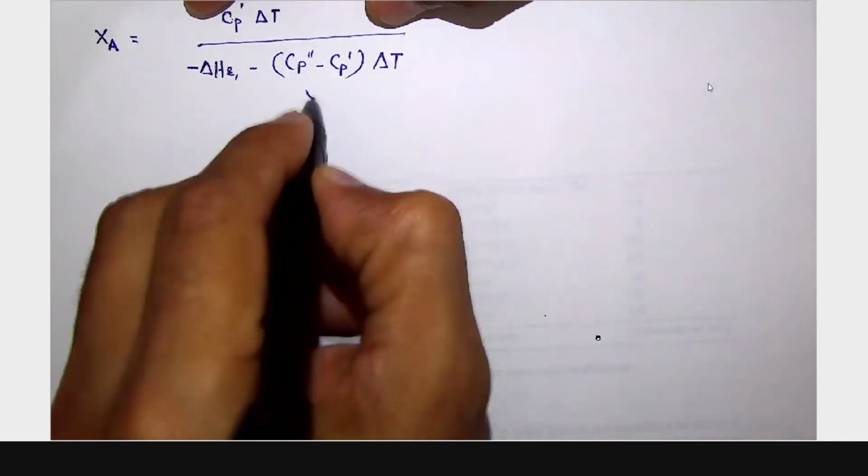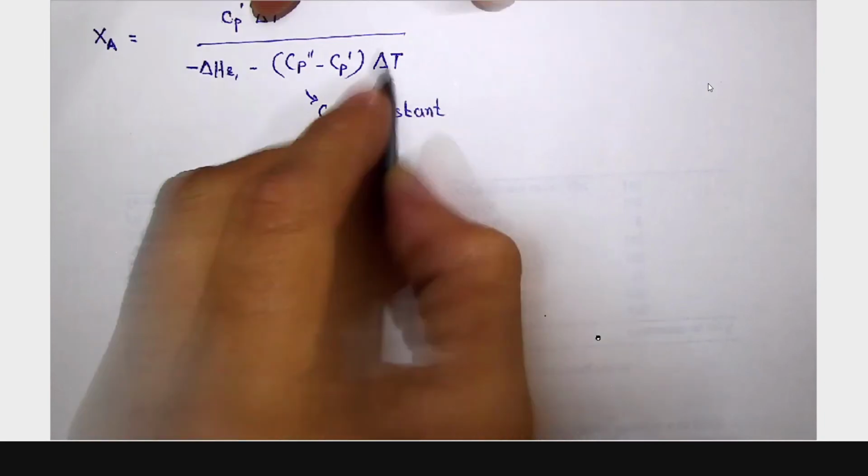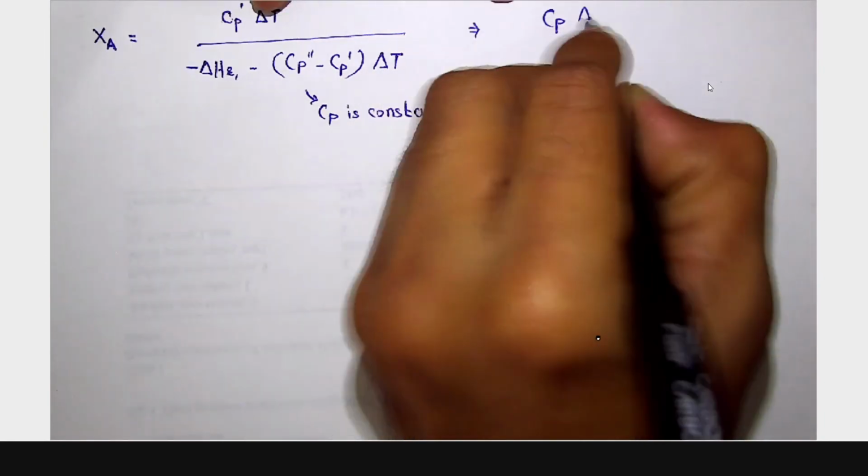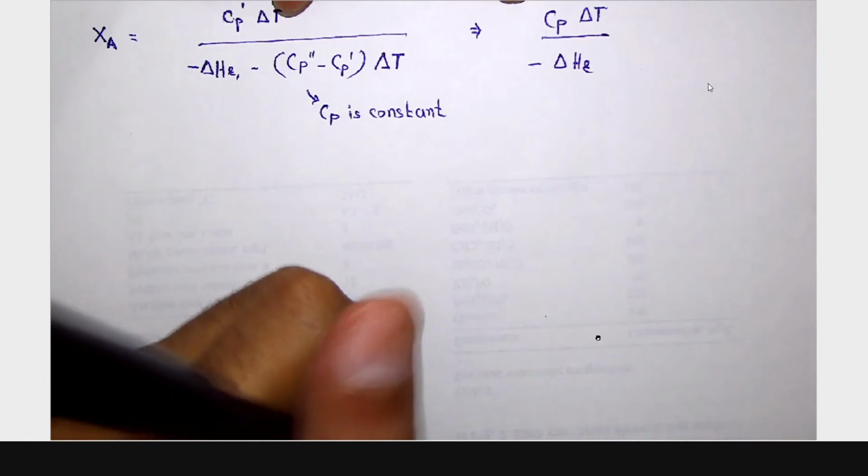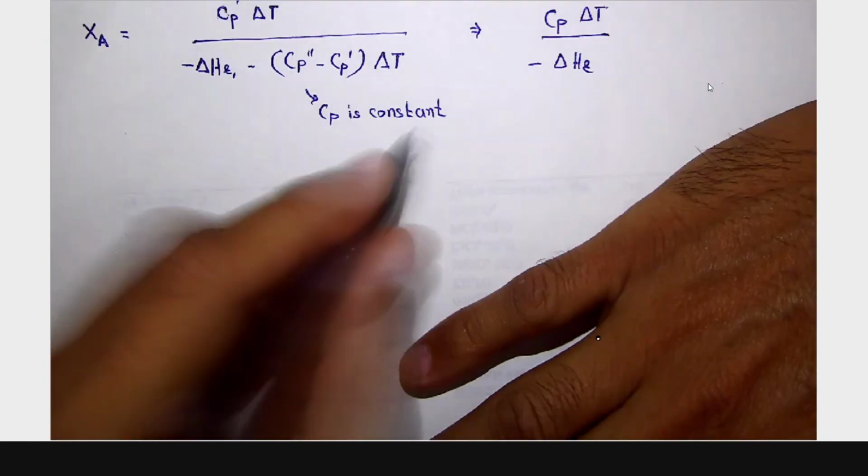If there is a change in delta HR with respect to temperature, we have X equal to Cp prime delta T minus delta HR, but in our case this is constant. Now total Cp will be what?